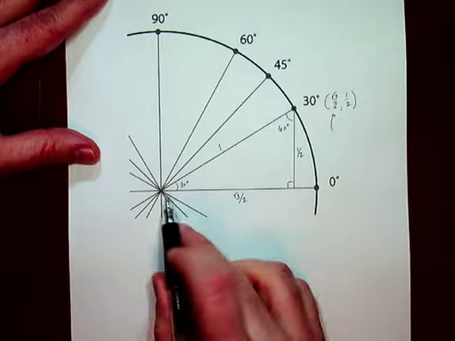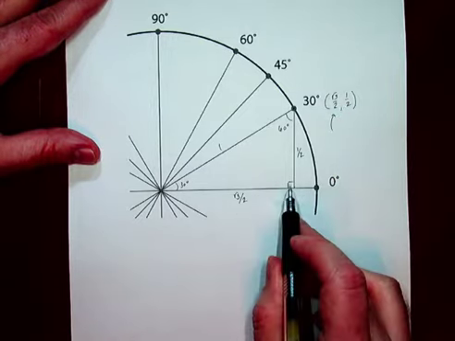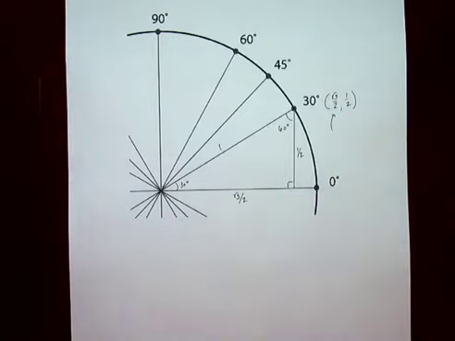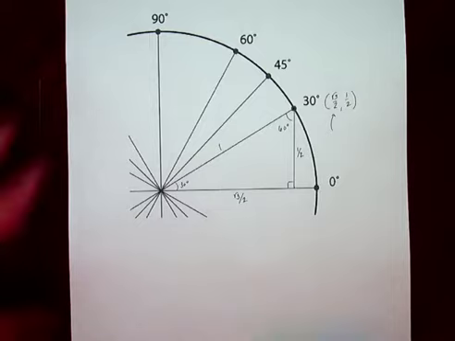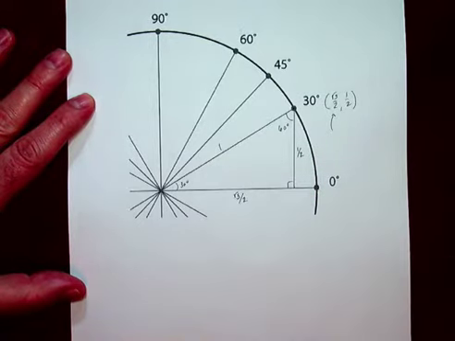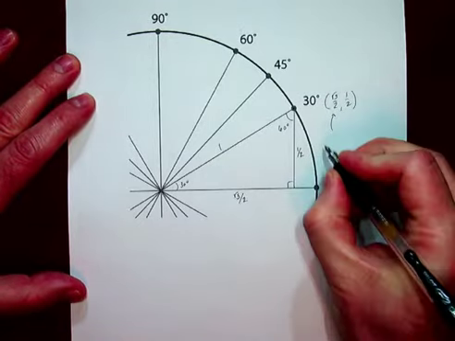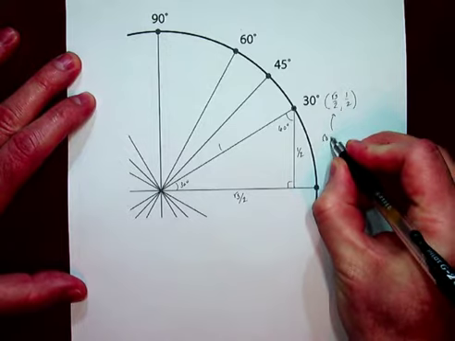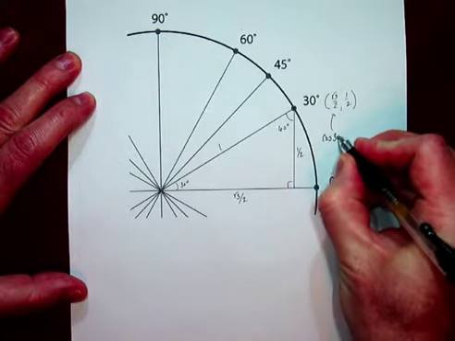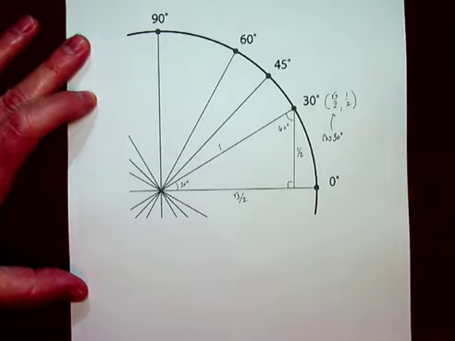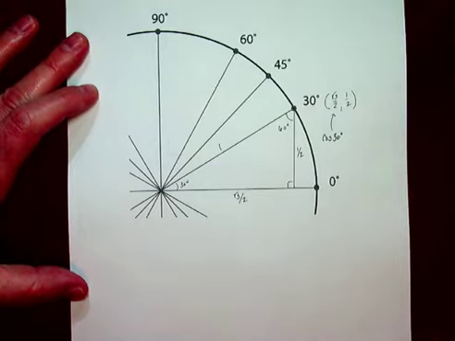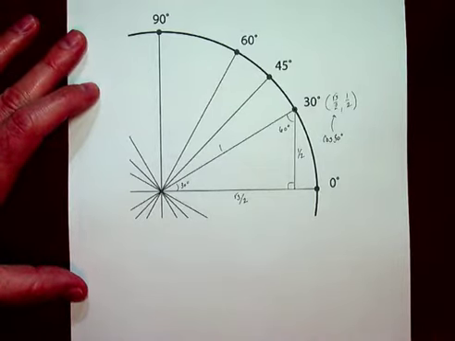But that root 3 over 2, because that horizontal displacement represents the adjacent side, according to that 30-degree angle measurement, adjacent over hypotenuse is also root 3 over 2, and that's why cosine of 30 degrees is the same as the x coordinate of that ordered pair.